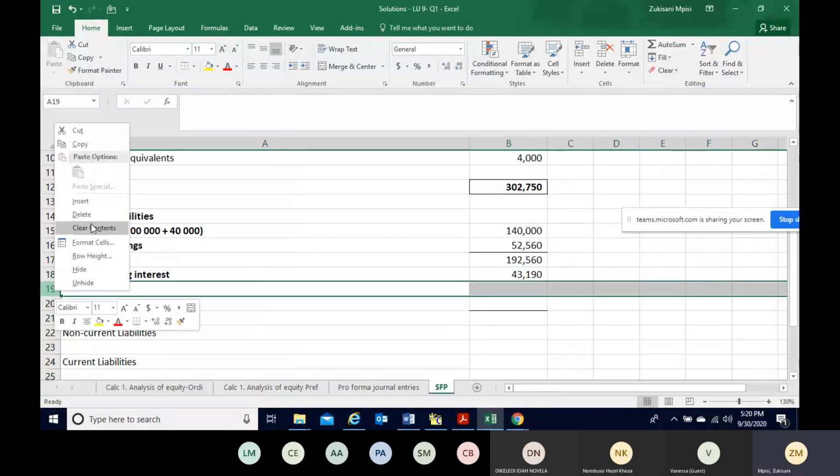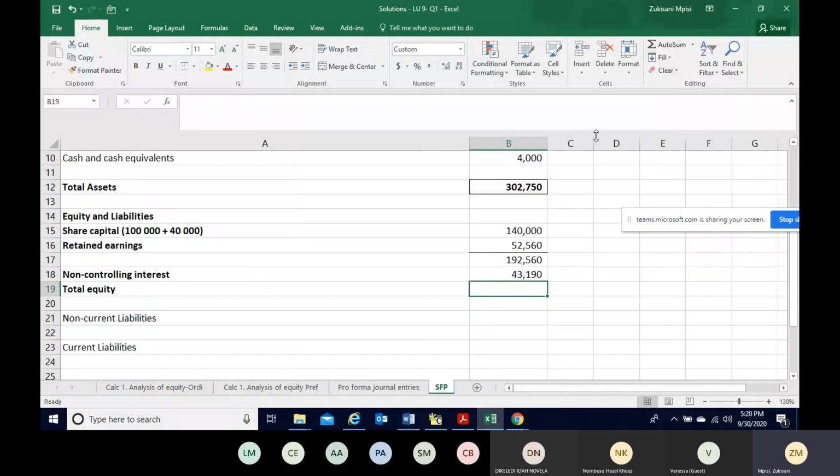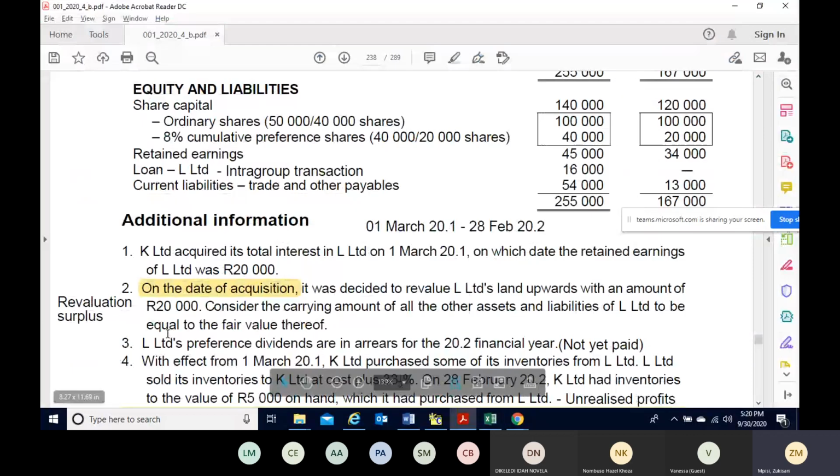And that's basically how to get your total equity. Total equity of 235,750. Non-current liabilities, do we have anything?